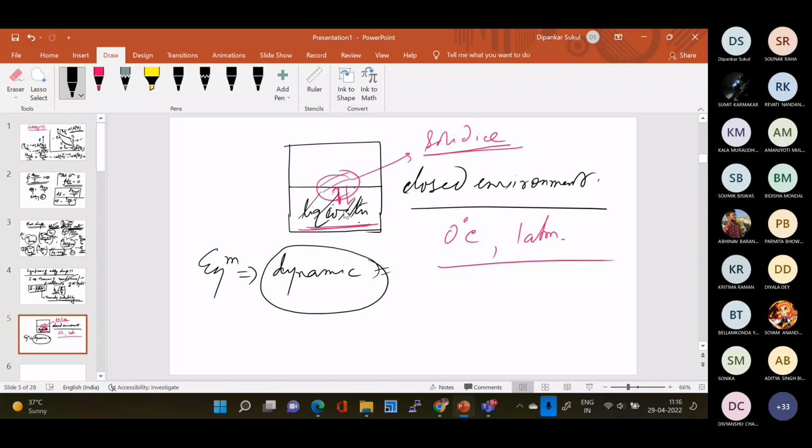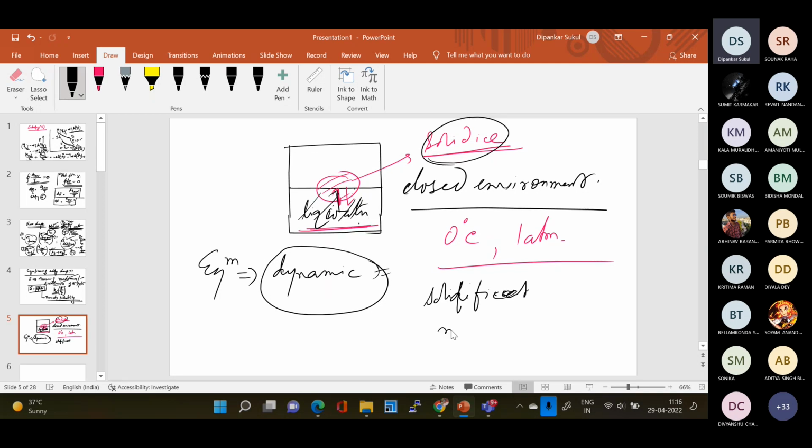Now, when the liquid water forms some solid ice, that process is called solidification. And when some solid ice is converted into liquid water, that is called melting. And I have just shown you that the entropy change during the fusion process is equal to minus the entropy change of solidification.